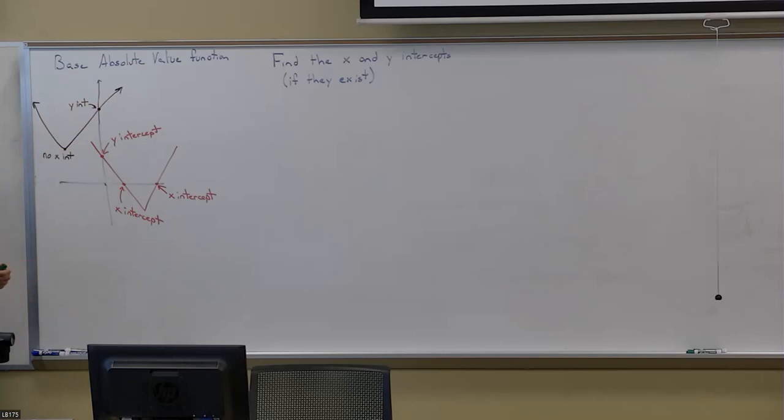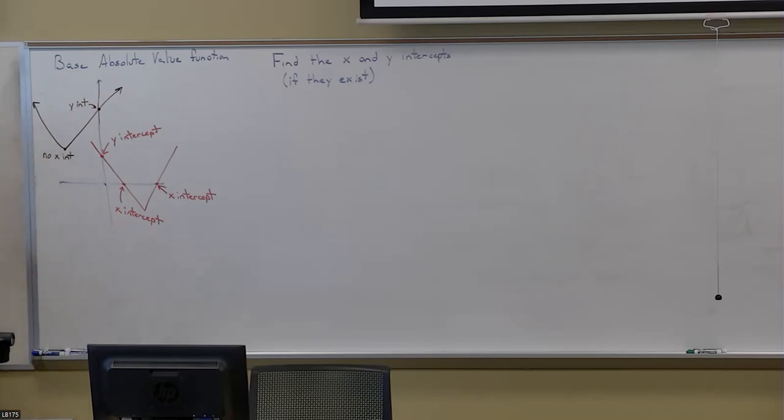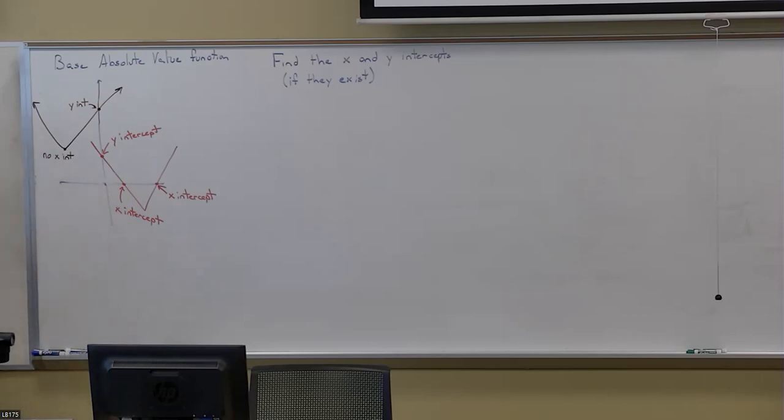But some of the absolute value functions will have no x-intercept. Some will have 2 x-intercepts. And some of them will have 1. And that 1, just like on our base absolute value function, will just hit the x-axis and go right back up. It'll be the tip. Does that make sense?